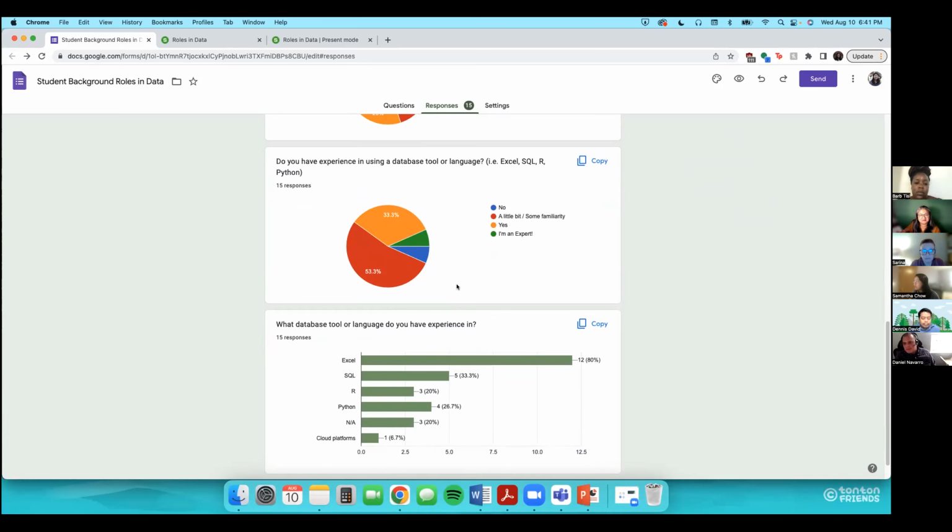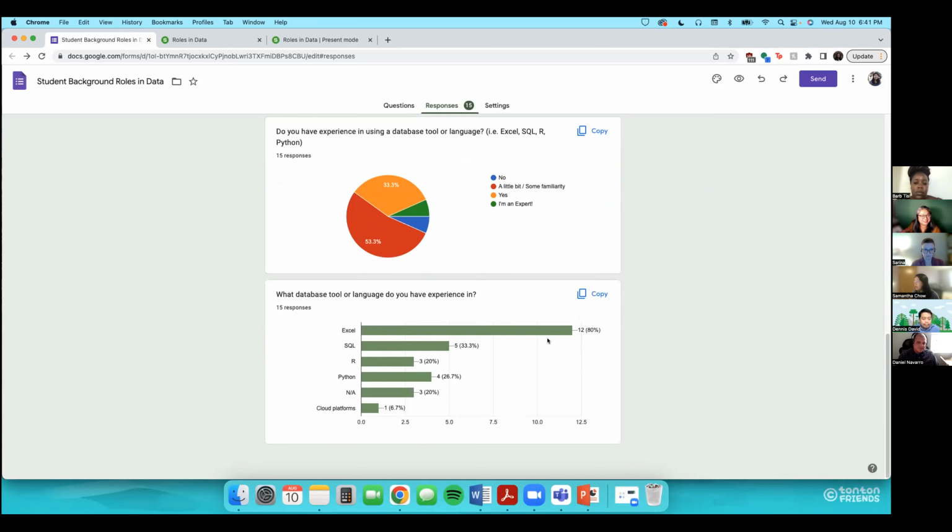A lot of people have some familiarity, not too many experts, one expert, and a lot of yes, familiarity. And lastly, the tool that everyone seems to have the most experience with is Excel, SQL coming in next, and R and Python and Cloud coming in right after.